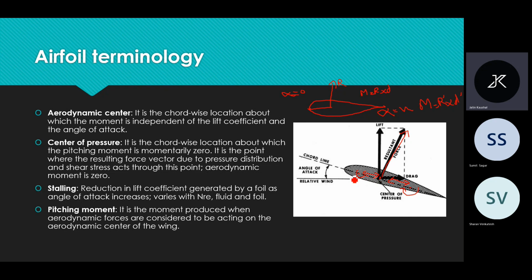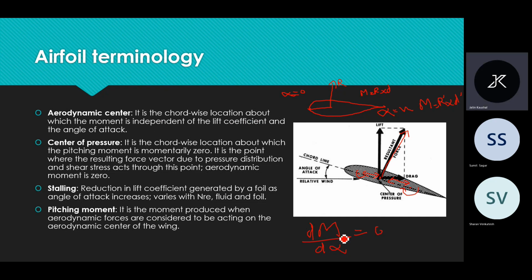But there is a certain position on the chord line such that dM versus d alpha is zero. That moment doesn't vary with angle of attack, and we define that point as the aerodynamic center. It is the chordwise location about which the moment is independent of the lift coefficient and angle of attack.